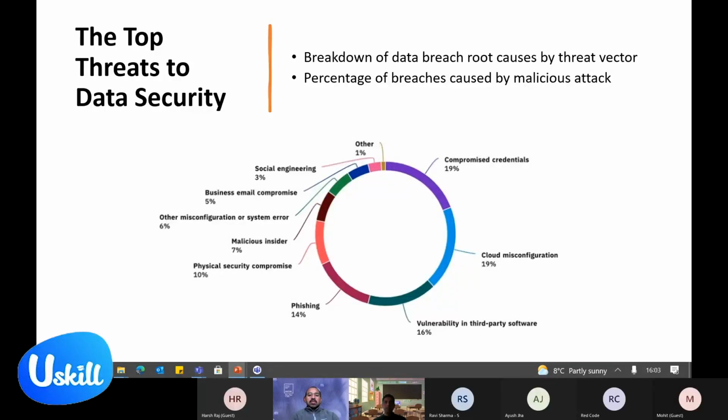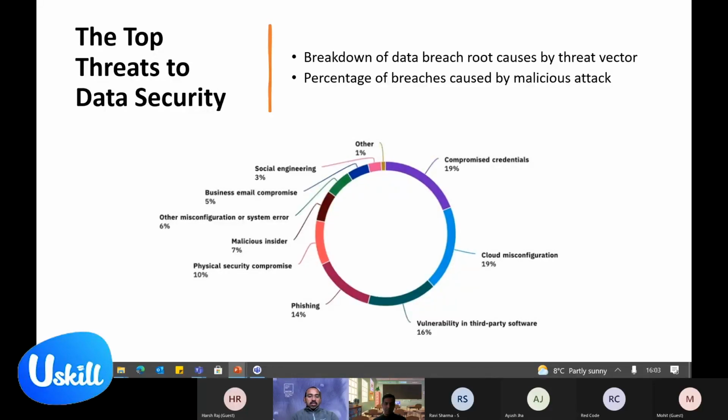So what is the reason, and what are the threat vectors? Threat vectors are the channels through which any attacker can come in and get the data. Here are two things we try to highlight: one is the threat vectors, and the other is the percentage of those threat vectors that was used to compromise or steal the data.